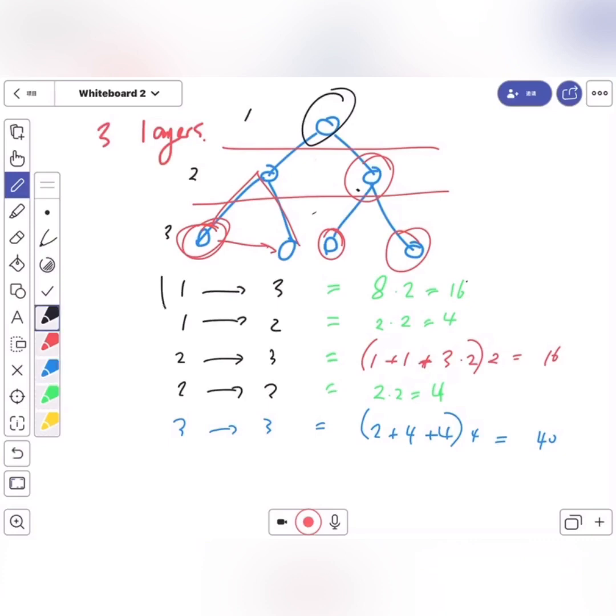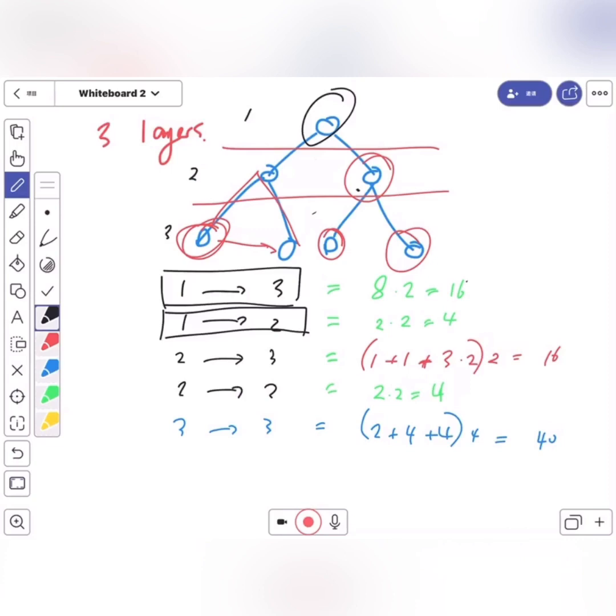By the way, this already accounts for both of 1, 2, 3 and 3, 2, 1. And this one also accounts from 1 to 2, and also back to 2 to 1.